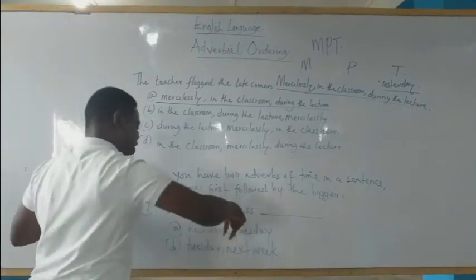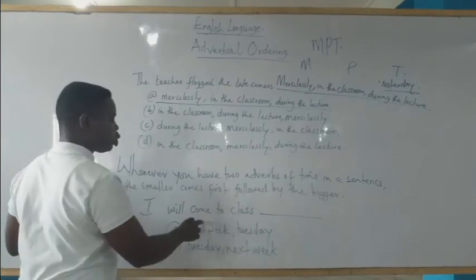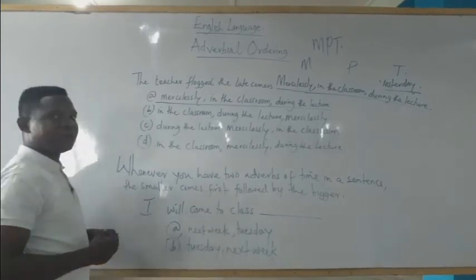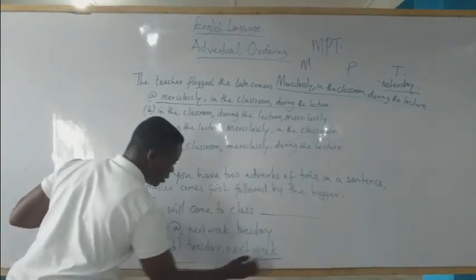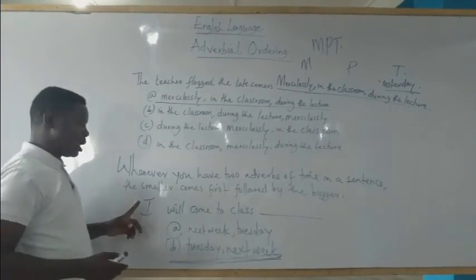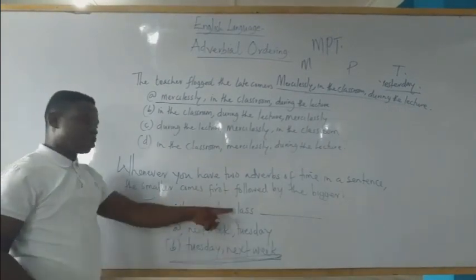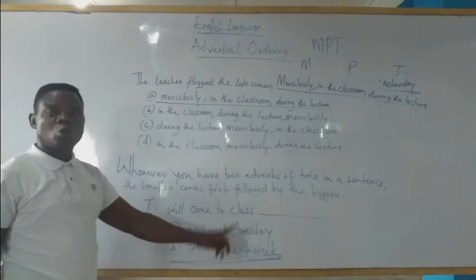Tuesday is a day in next week. So Tuesday is smaller, next week is bigger. So the right answer for this order would be Tuesday next week. This is the right answer. So the sentence is: I will come to class Tuesday next week.